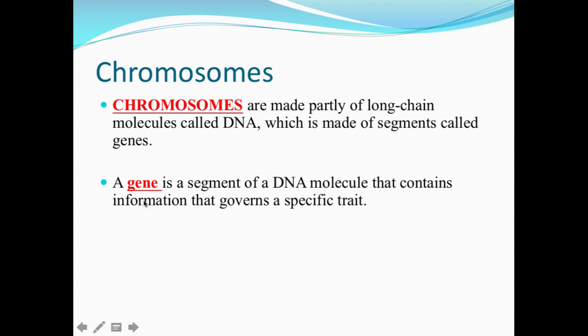So I have the gene for blue eyes, but I do not have blue eyes. I have green. So even though I carry the blue eye gene, my trait is green eyes. Make sure you truly understand the difference between a gene and a trait. A gene is a section of your DNA. A trait is the physical characteristic.